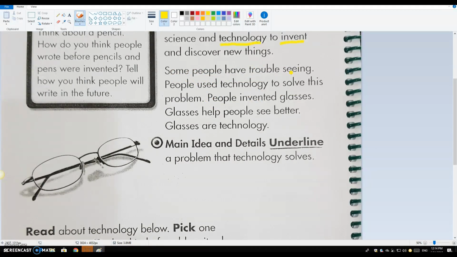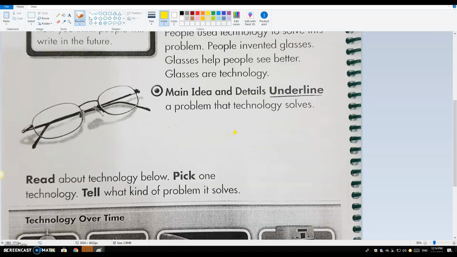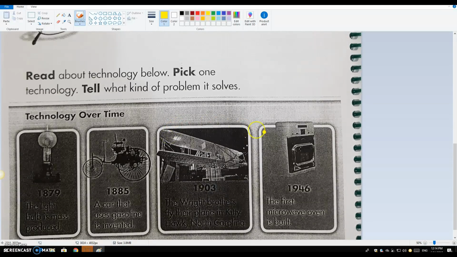Like Teacher John, I have trouble seeing. People used technology to solve this problem. People invented glasses. Glasses help people see better. Glasses are technology.